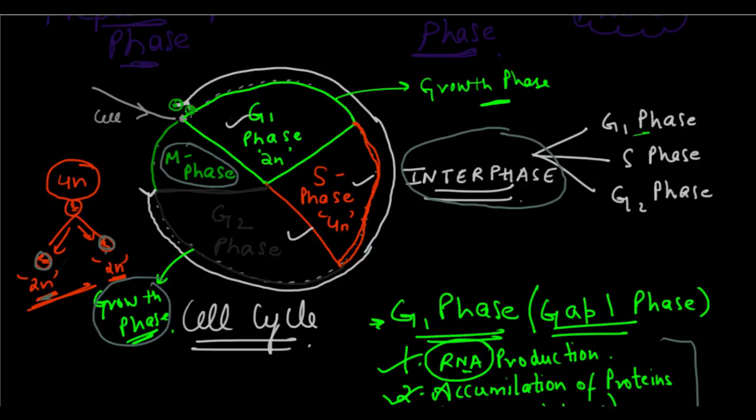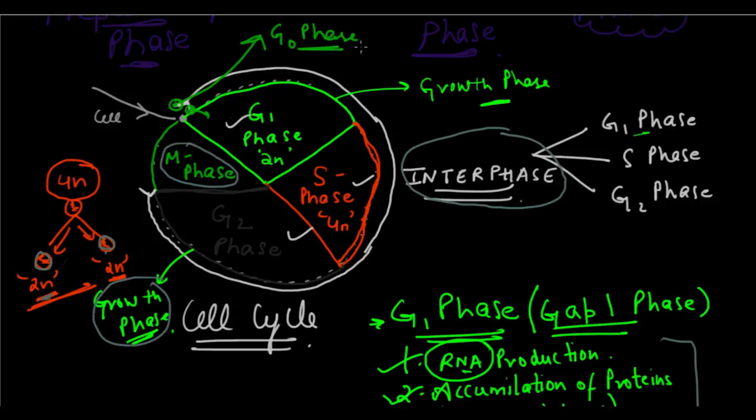After they divide, the cell can go back into the cycle, or the cell may go out of the cycle into a phase called the G0 phase.